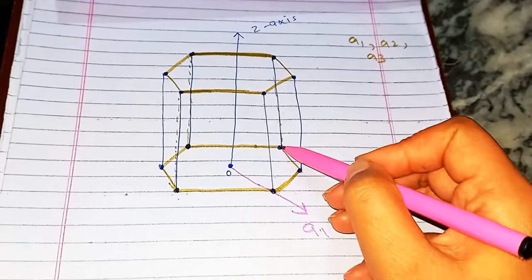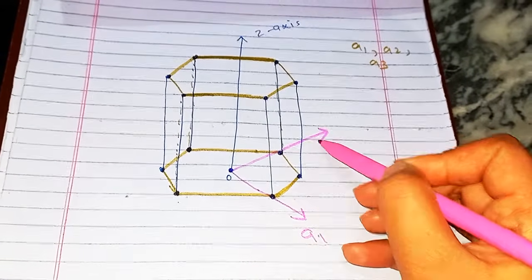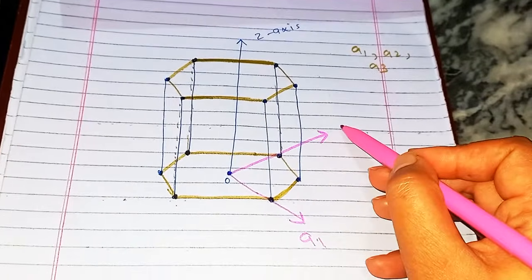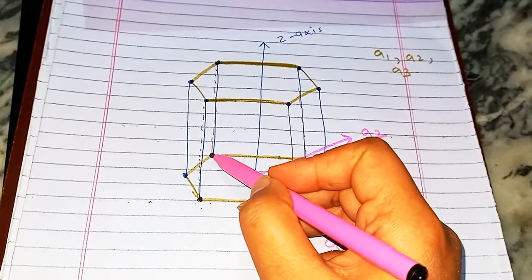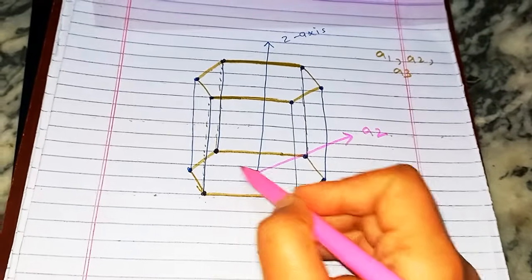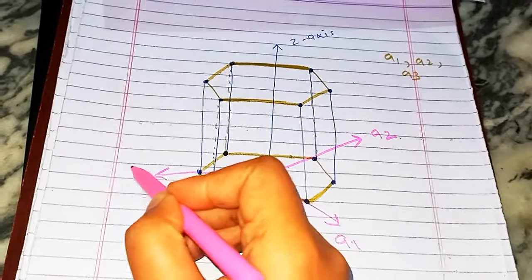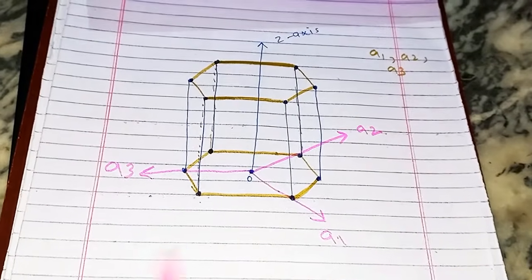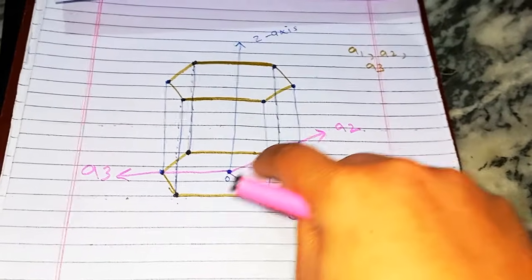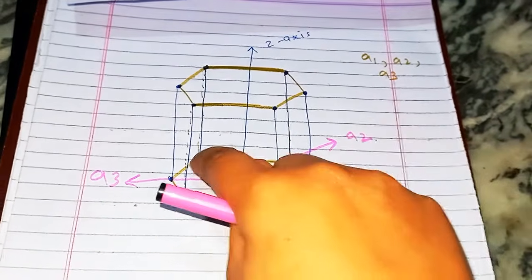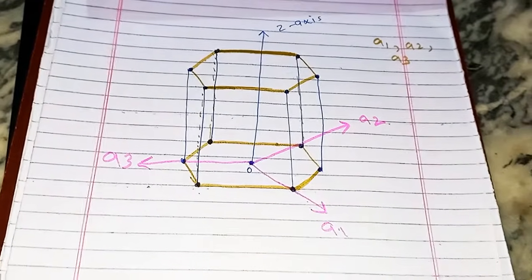Leave this corner, and draw a line from the origin to the next corner in line. This is the positive a2 axis. Then moving ahead, leave this point. The next point in line will give you the positive a3 axis. And that's it. This is the positive a1 axis, leave this point, next point a2 axis, leave this point, next point will be the a3 axis.